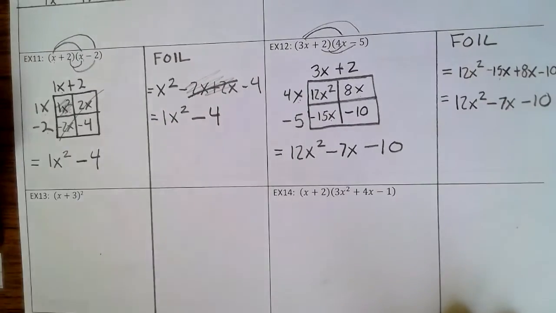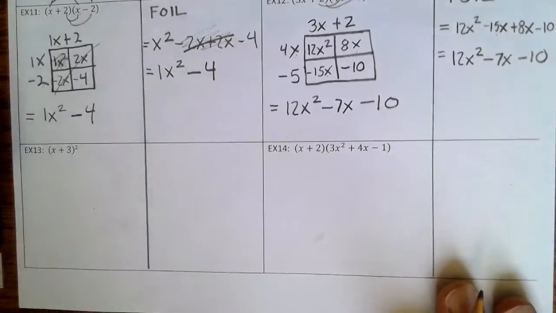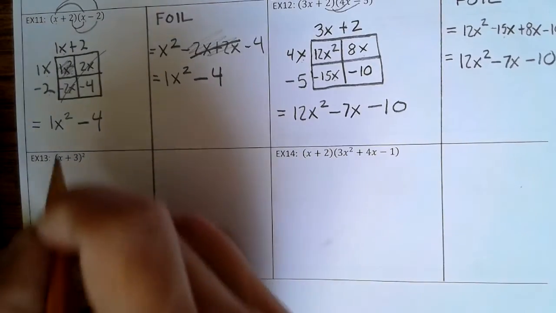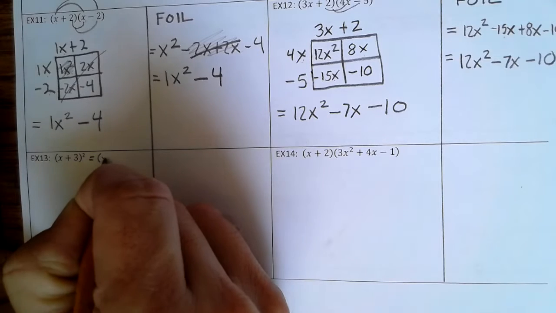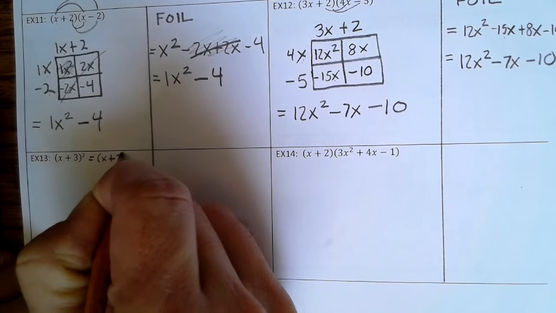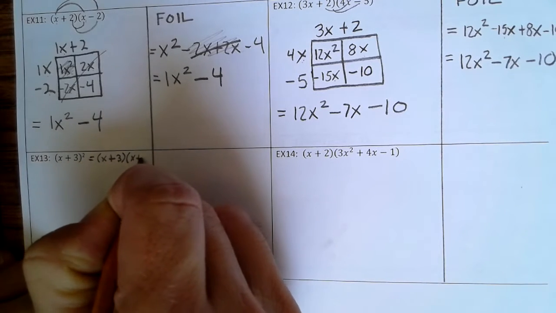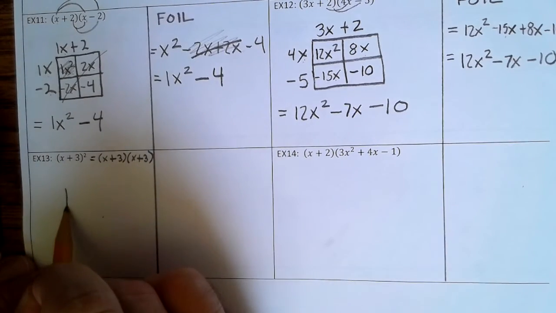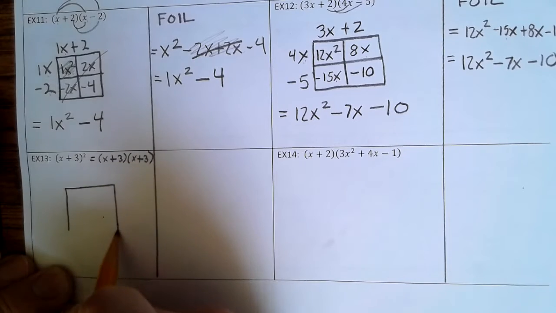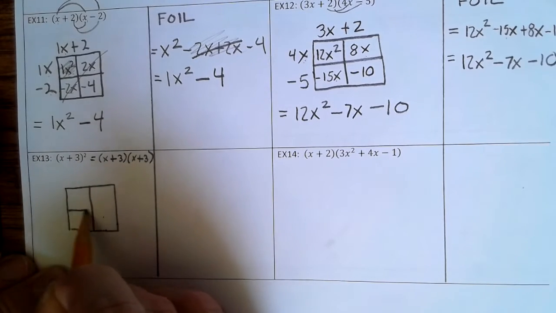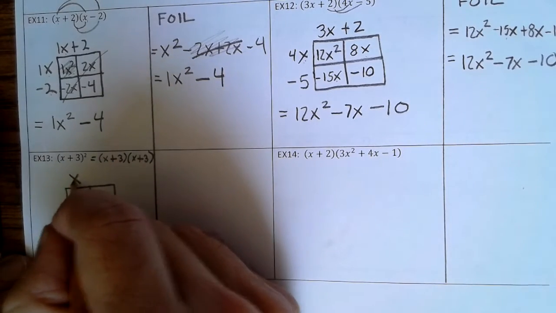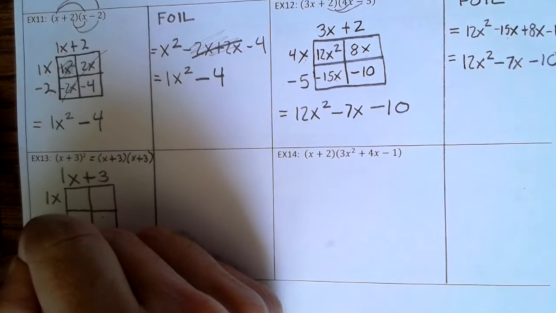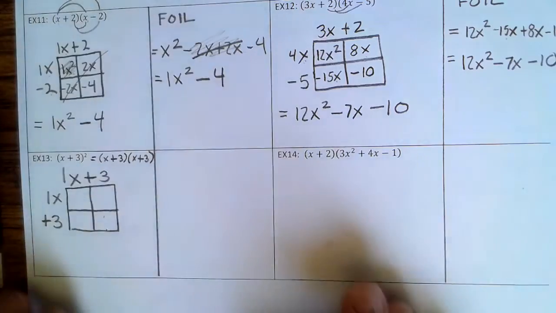All right. Number 13. Now, x plus 3 squared is the same as x plus 3 times x plus 3. So we're going to do box on the left. So x plus 3, I'm going to make that 1x plus 3.